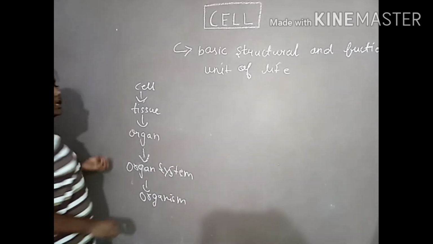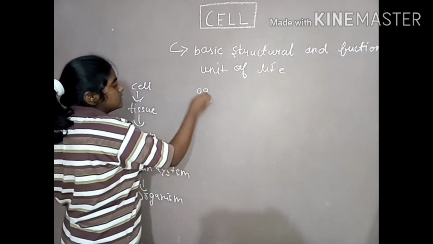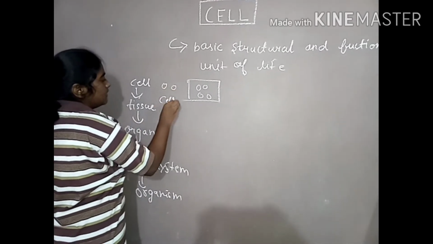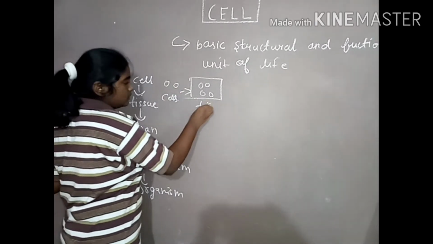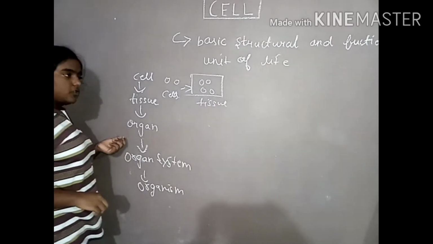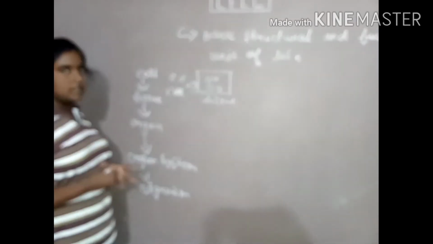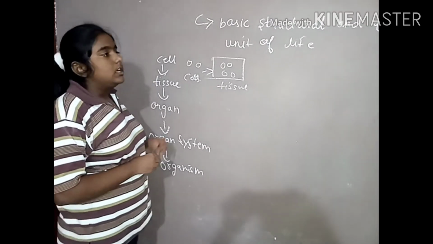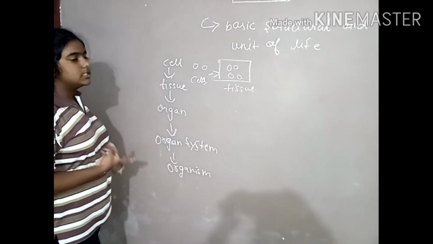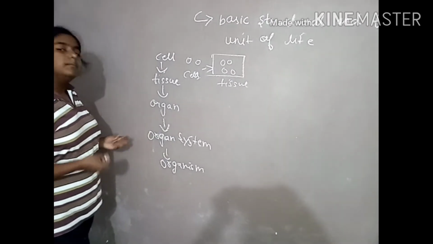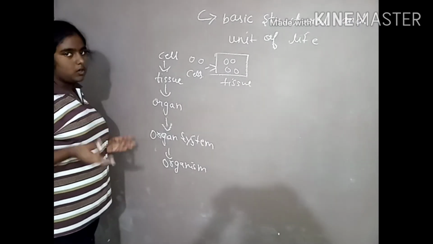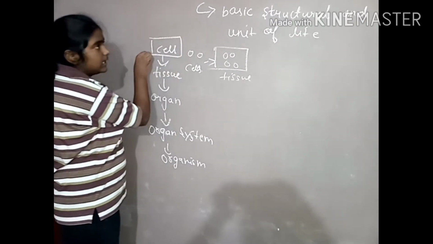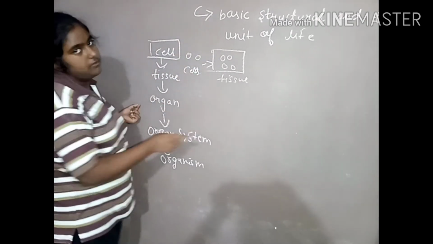It means when different cells join together, they form tissue. Tissues form organs like lungs, stomach, etc. And organs form organ systems like digestive system, excretory system, circulatory system. Organ systems comprise a whole organism. So this proves that cell is the basic structural and functional unit of life.